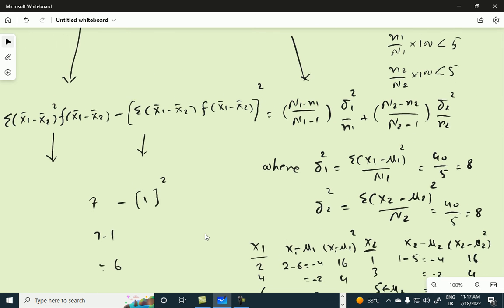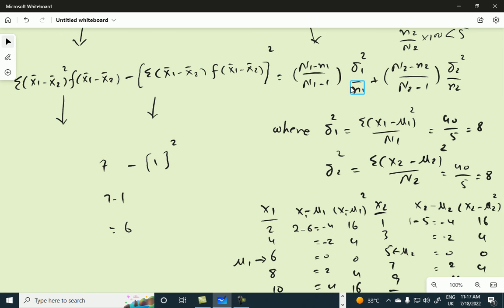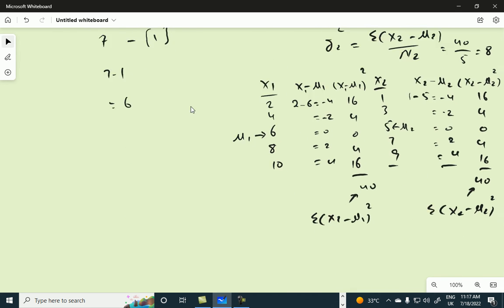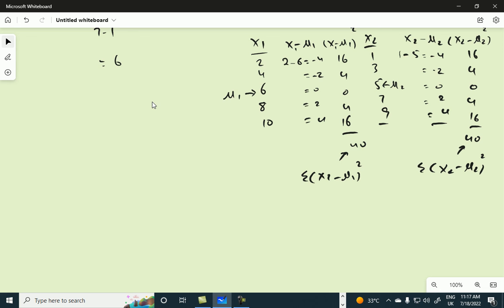Now, substituting values, the question is, should we include the finite population correction factor or not? So, let us verify it first. n1 divided by N1 into 100, which is equal to 2 divided by 5 into 100.